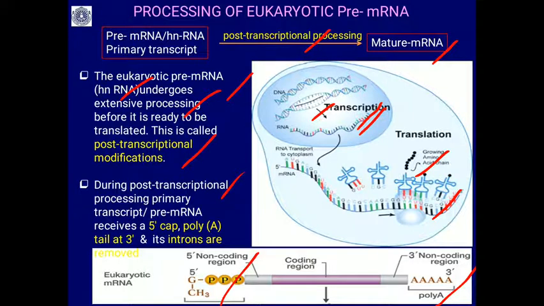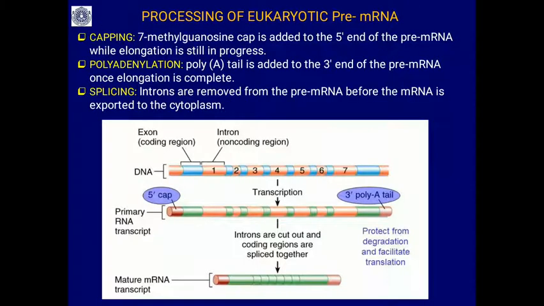Then non-coding sequences are removed from the coding region, and only the coding region is retained. This is called splicing. These three events make the mature mRNA, so that it can be transported to the cytoplasm to get translated into proteins.